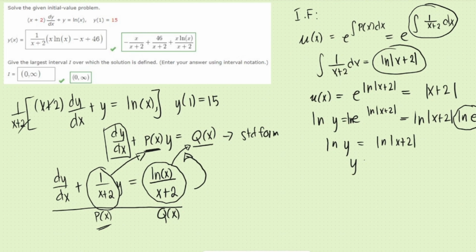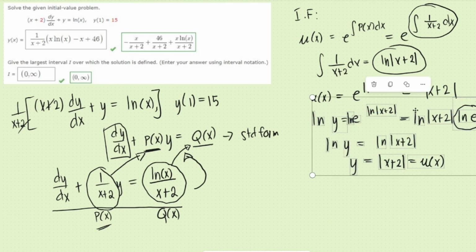So y is equal to the absolute value of x plus 2. And y is actually our mu of x, so our mu of x is just x plus 2.